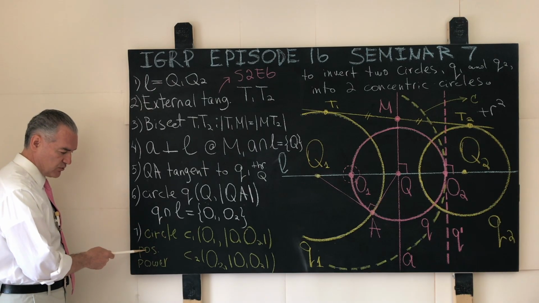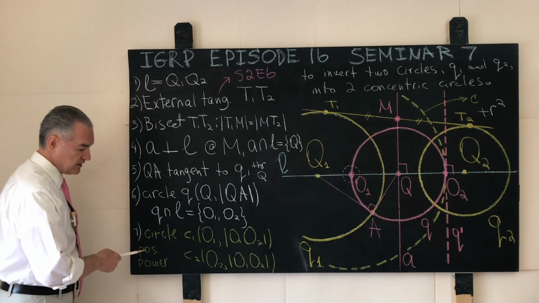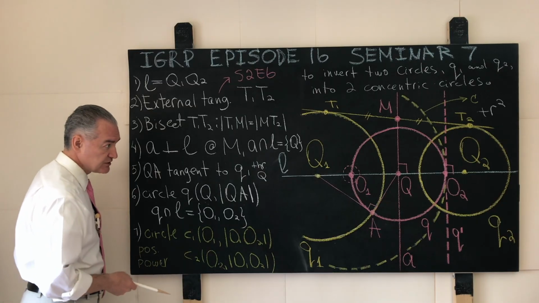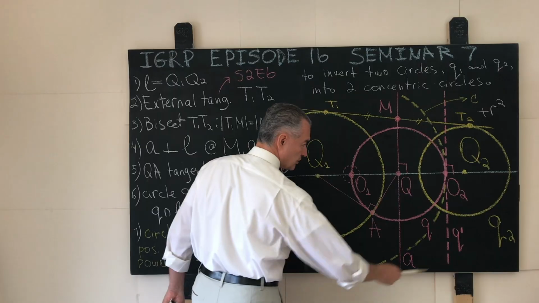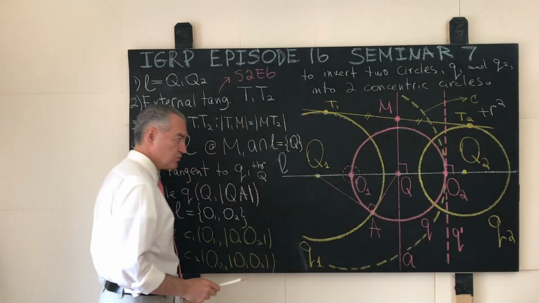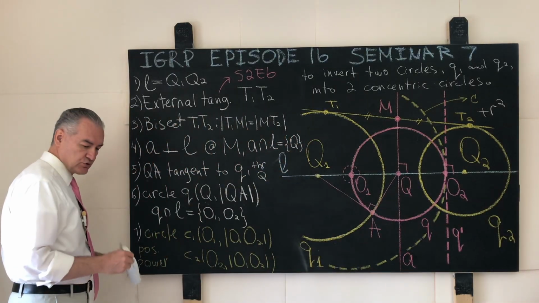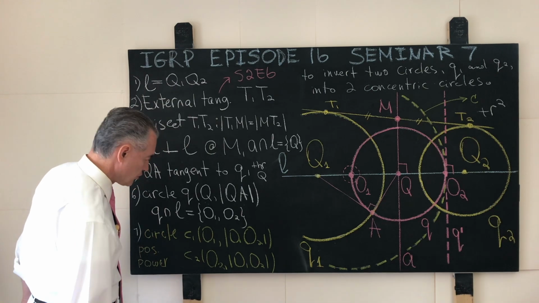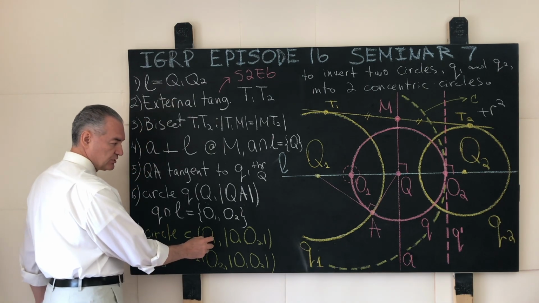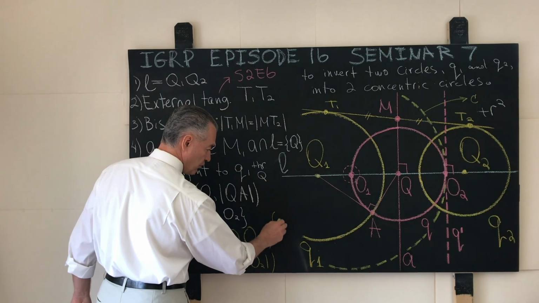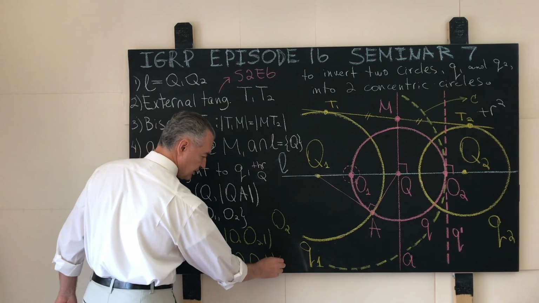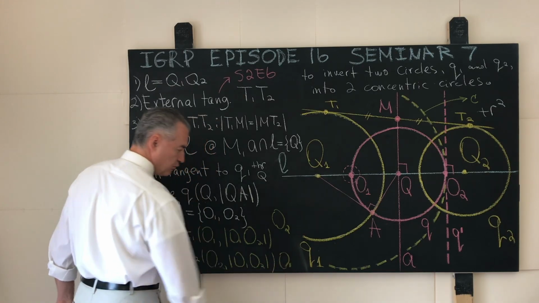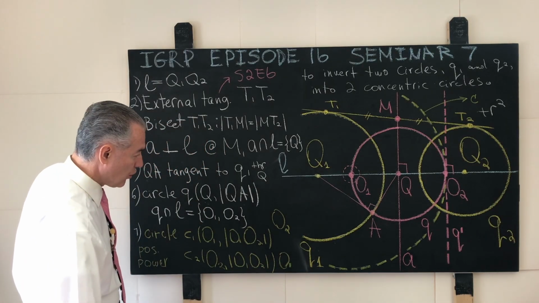Here we choose the power to be positive, and under these parameters, the input circles Q1 and Q2 will be taken into concentric circles, when in the first case we already know the opposite point will be the center of both image circles, the point O2, and in the second case it will be the point O1.